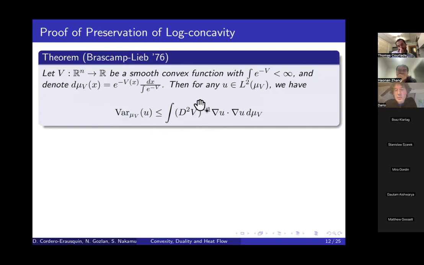You view this as a quadratic form on the space of vectors. It's the Hessian of v at point x. You take its inverse and you apply it at grad u, and then you dot with grad u.